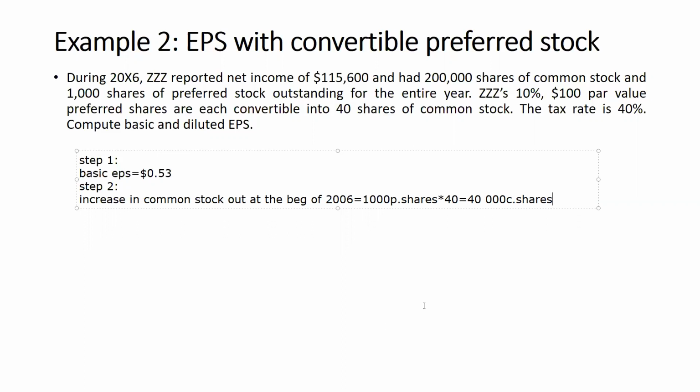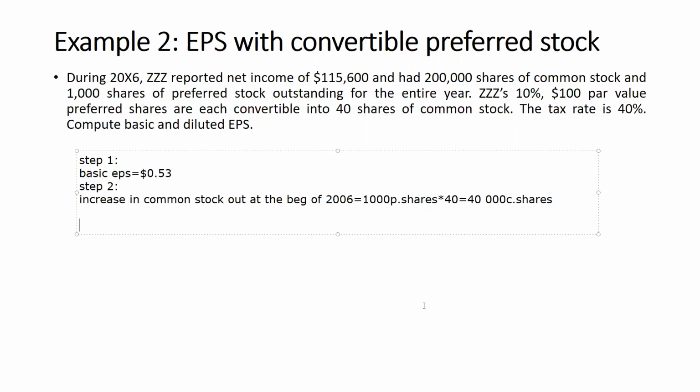Okay, that's great. Then there is another question that needs to be raised. If preferred shares are convertible, and they are converted to common shares, should the company consider the payment of the preferred dividends?